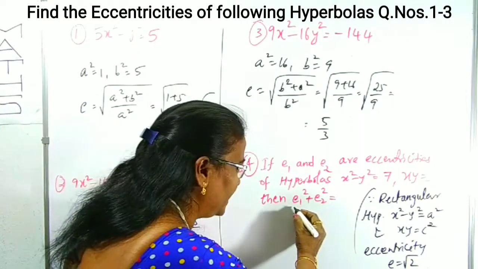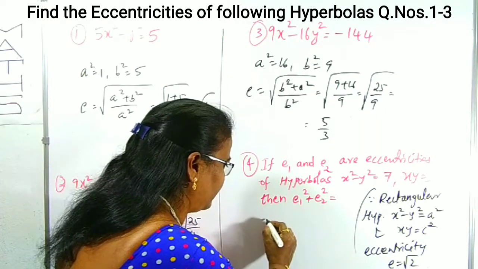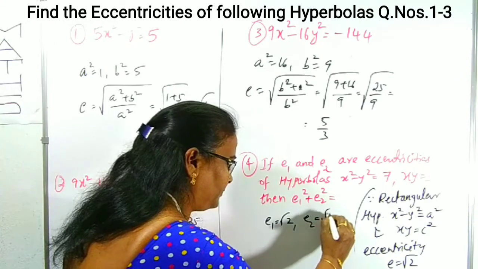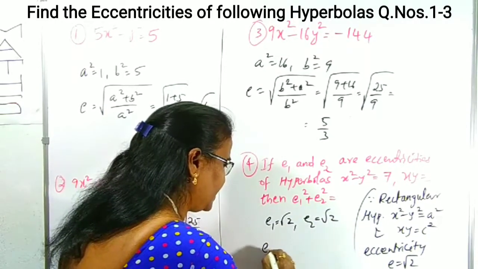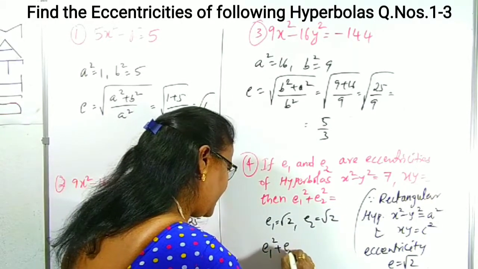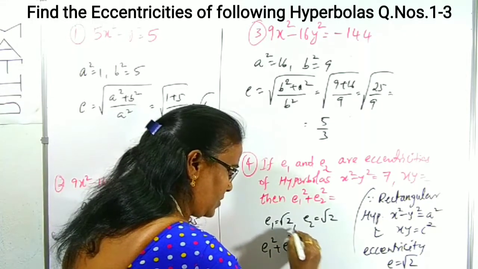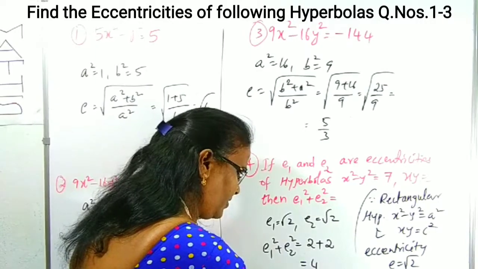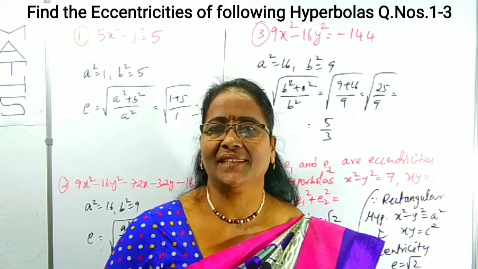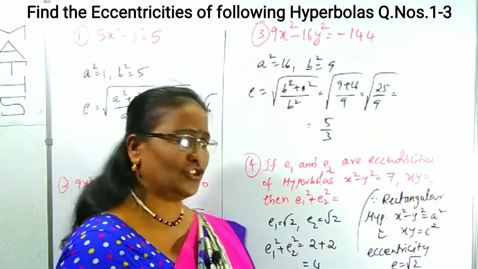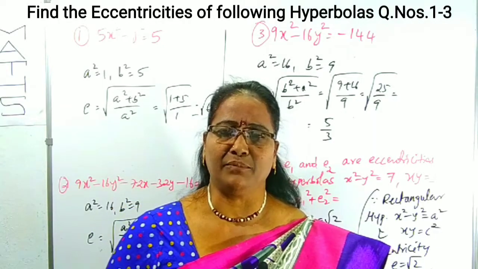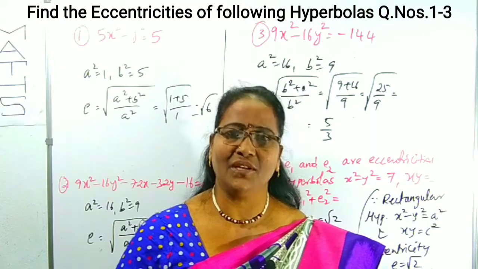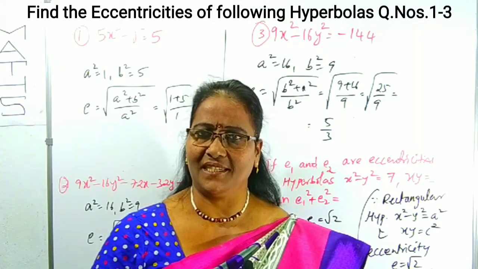You have to find e1 square plus e2 square. e1 is root 2, e2 is also root 2. e1 square plus e2 square is root 2 whole square, which is 2, and here also 2. 2 plus 2 is 4. That's it. This is about question number 4. It's very simple. You just have to know the various forms of rectangular hyperbola and their eccentricity. Is it clear?